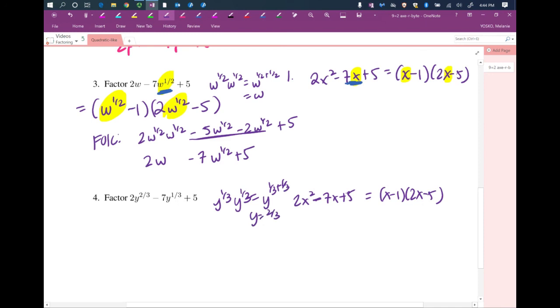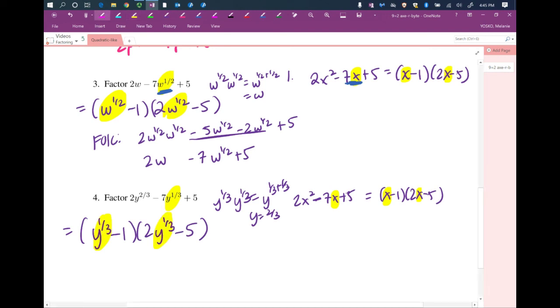And isn't that the power of the first one? So we're going to do the same thing. We've replaced this x with y to the 1/3, so we replace both x's with the same thing. We get y to the 1/3 minus 1 times 2y to the 1/3 minus 5. I'll let you FOIL it, but you're going to see we get exactly the same thing we started with.